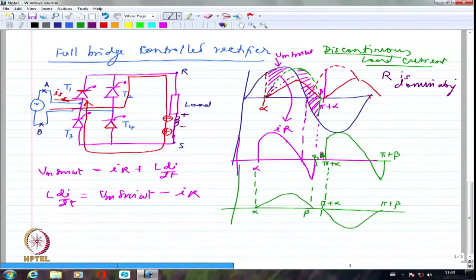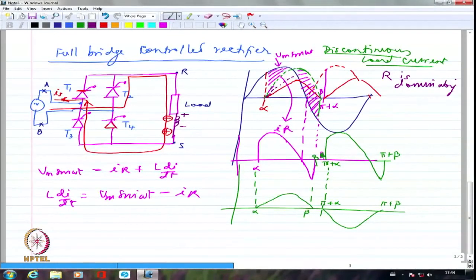You think about it this way. If I had 10 ohm resistance with a 400 volt supply, I would have gotten only 40 amperes of current. So half L i square, if I try to calculate, i square will be only 40 square. If I use only 1 ohm resistance, then I would have 400 amperes of current, so half L i square will become half L 400 square.